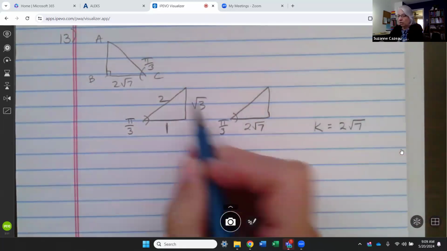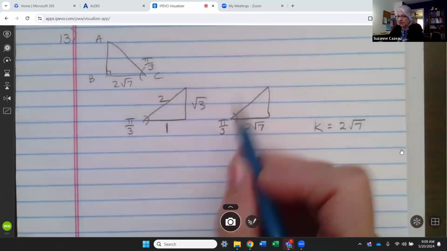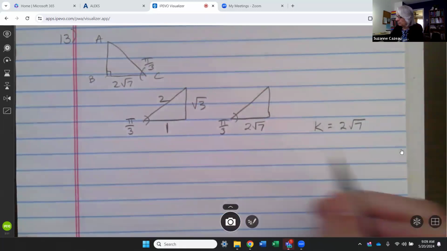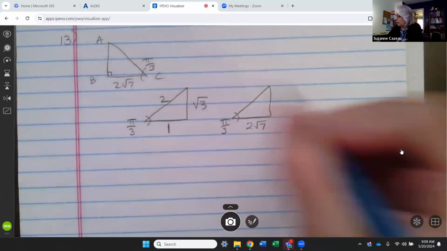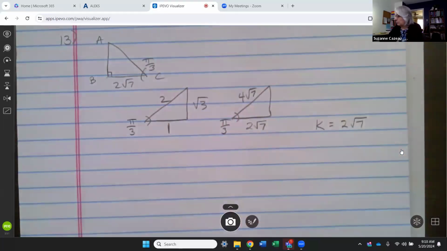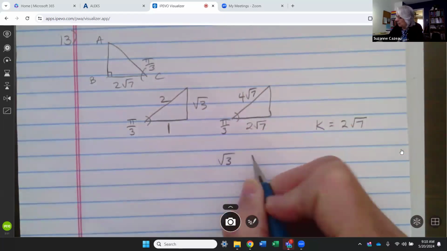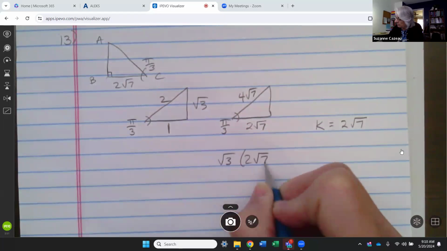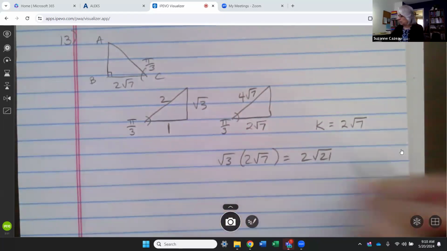You're going to multiply all these sides by 2 root 7 to get all the sides of the new triangle. Okay, so 2 times 2 root 7 is 4 root 7. Root 3 times 2 root 7 is going to be 2 root 21.